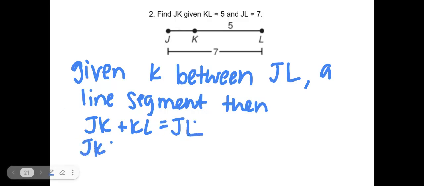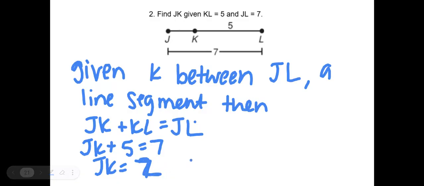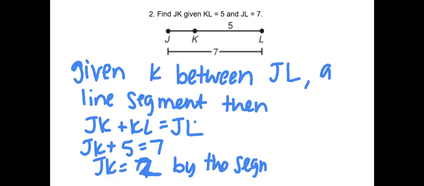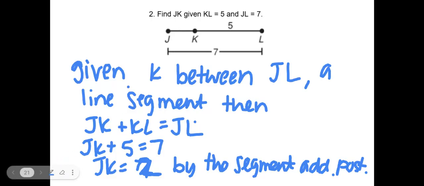So JK plus 5 equals 7. JK equals 7. Nope, not 7, 2. And we don't have units this time, so it's just 2. By the segment addition postulate.